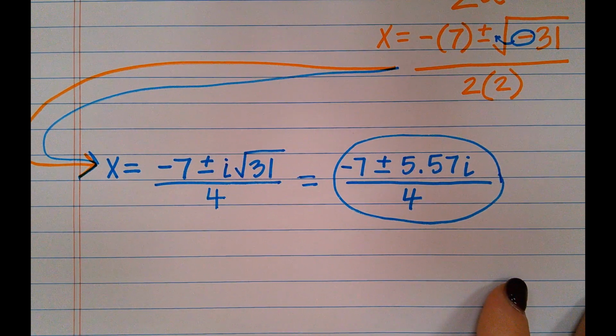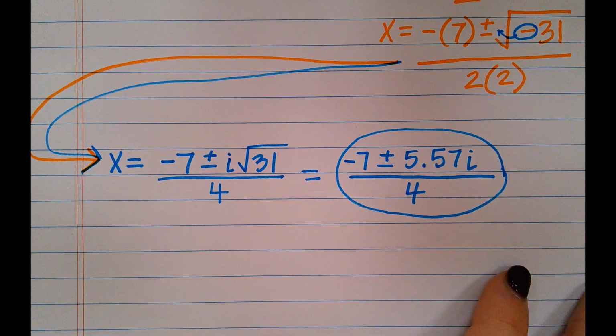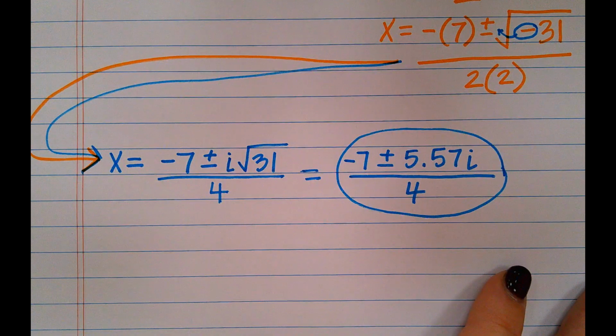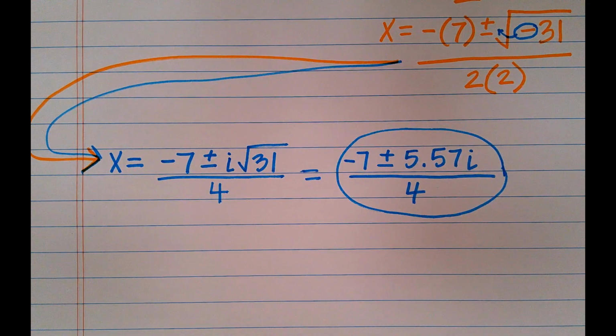Yeah. So there's your dose of imaginary numbers. Basically, if there's a negative under the square root, get rid of the negative, write i instead. That's it. Because it doesn't exist. Okay.